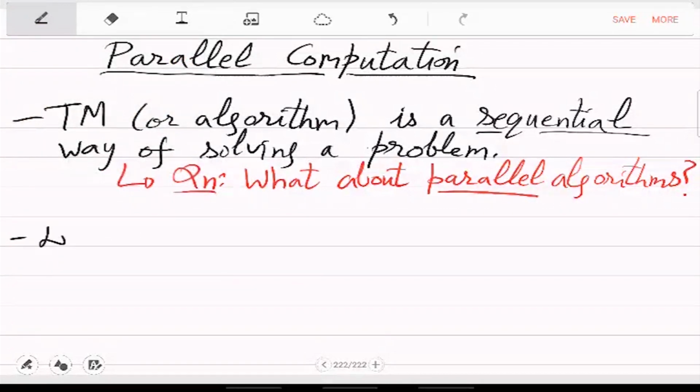So, let us define some terms. What do we mean by parallel?